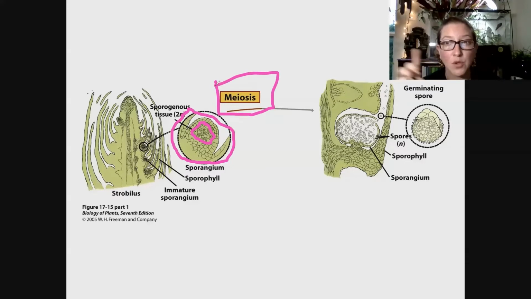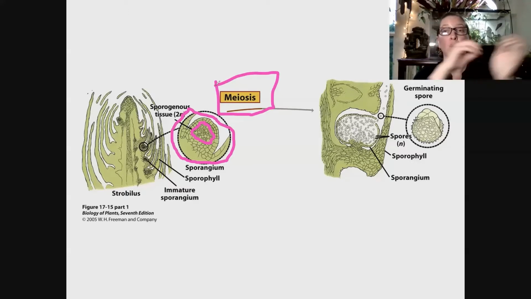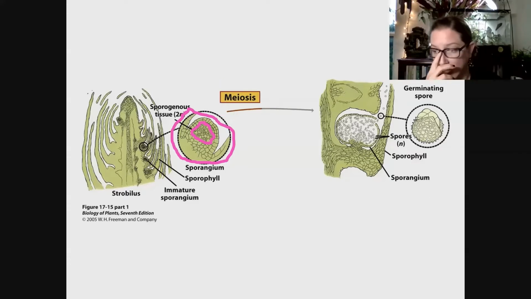Meiosis. Every time you undergo meiosis, you go from a diploid or 2N thing to a haploid or 1N thing. And because we are talking about plants, you'll be able to access these slides.